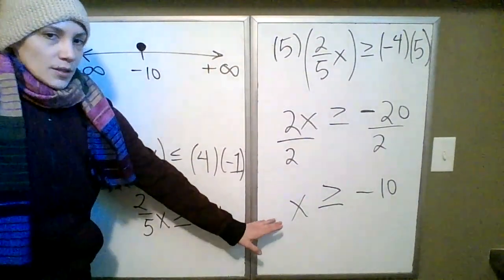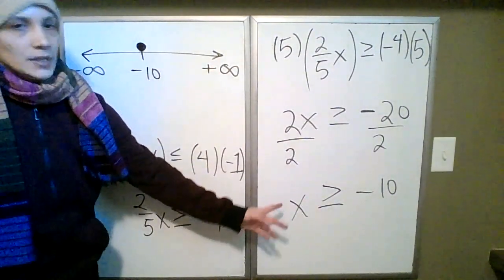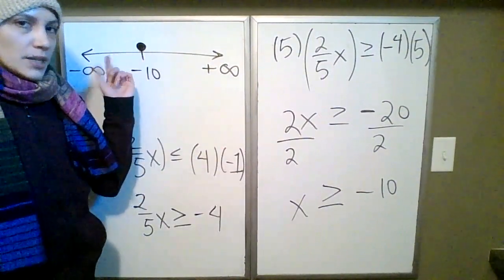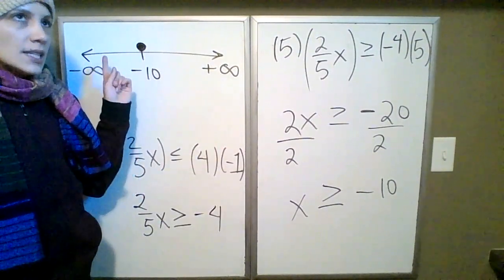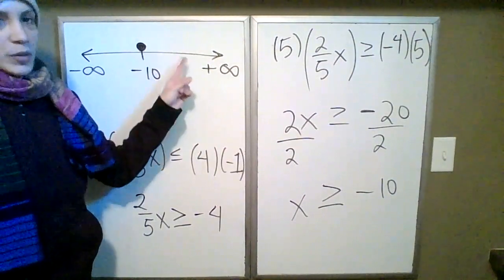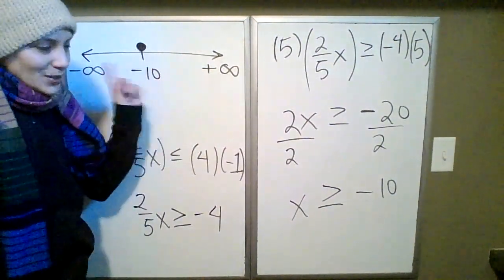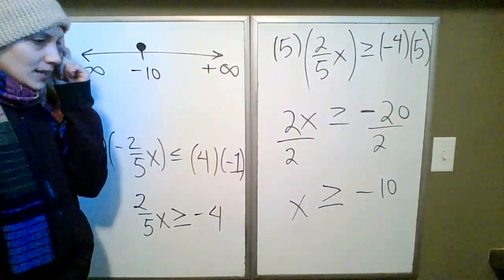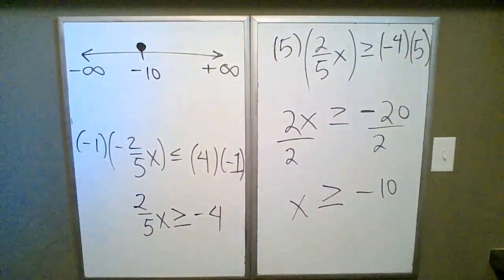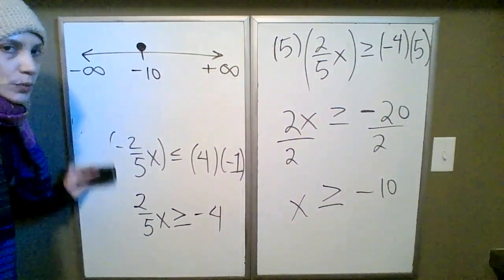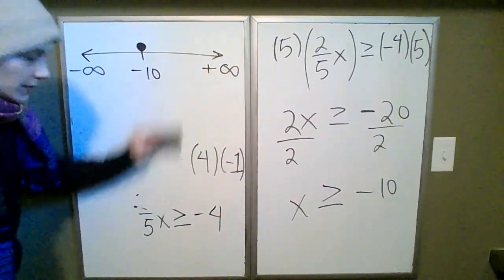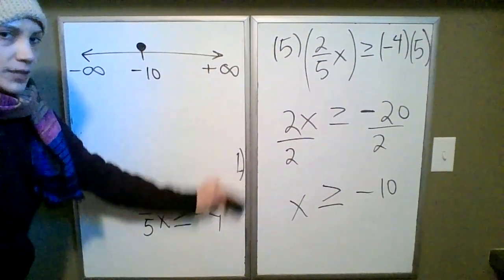And you could test some points. So you could pick a number less than -10 and a number greater than -10. If it's true, we will shade over that value. If it's false, we don't shade over that.